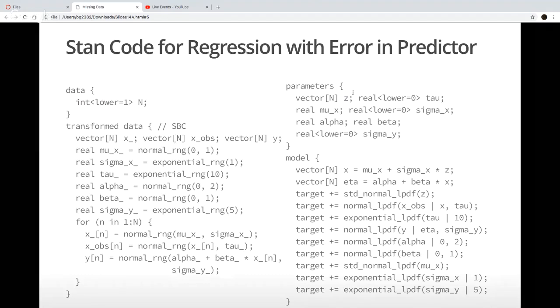What that does to the posterior distribution is, in some places the variance of everything is narrow, and in other places in the parameter space the variance of things is bigger. It makes it hard for Stan to use a single step size to get around the posterior distribution efficiently. What it really needs is a small step size in one part of the parameter space and a big step size in the other part.